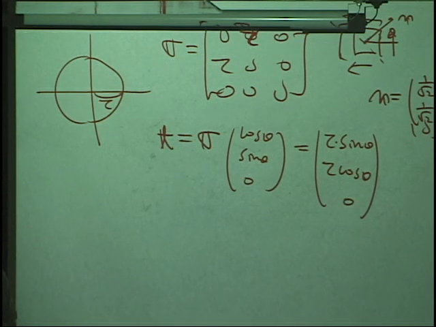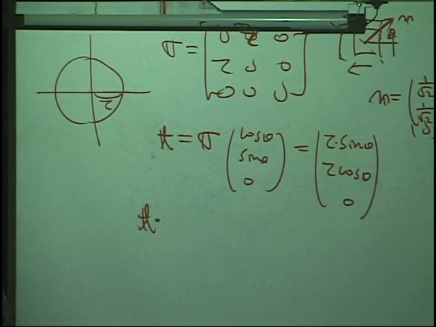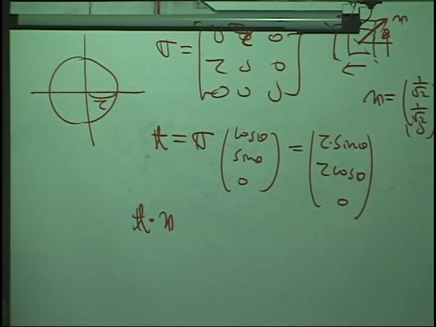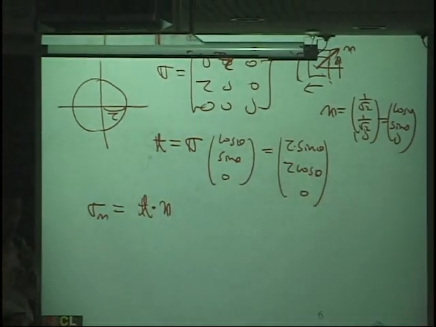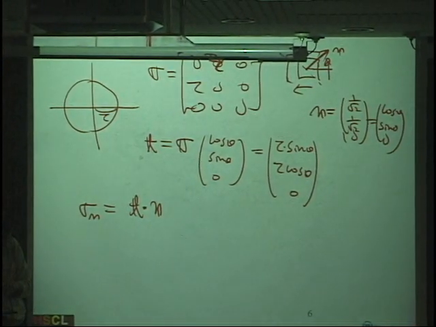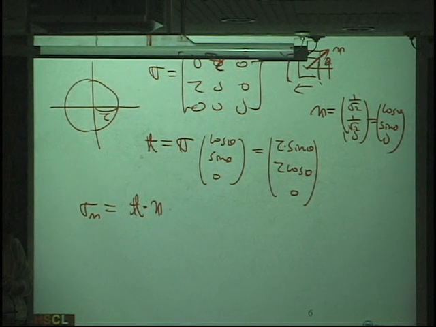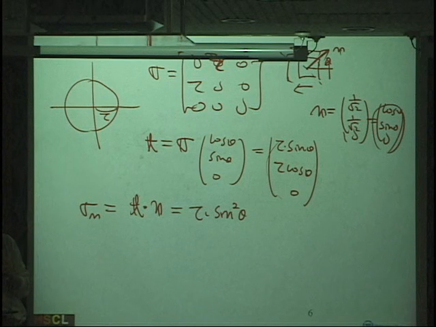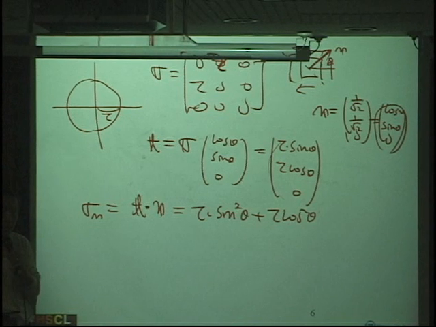Now let's calculate the magnitude in this direction. How do we do that? N dot T vector, N dot T, right? This will be the normal stress. And this one will be, this and this dot, tau sine square plus tau cosine square. Am I right?